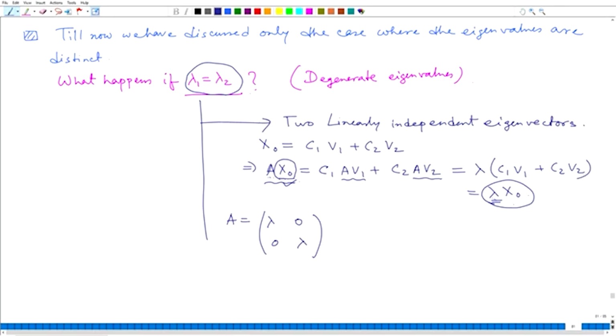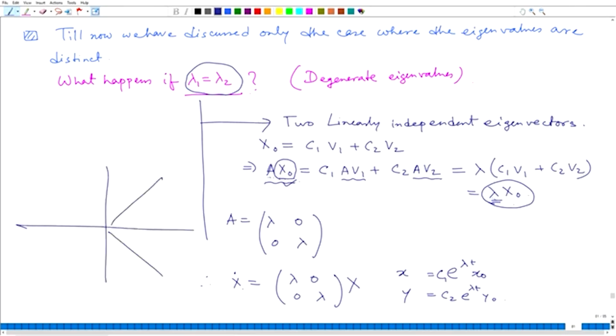If you have this, then you can write x dot equal to [lambda 0; 0 lambda] x, and from that you can easily integrate and find that for both x and y you will have e to the power lambda t times x0, and e to the power lambda t times y0, and in the phase space diagram you will have straight lines like this.